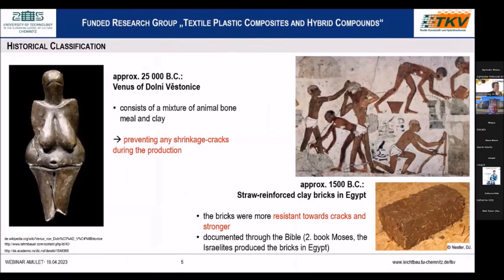And this is not a picture of me on the left-hand side. This is the Venus of Dolní Věstonice. She is 27,000 years old, and it's one of the oldest ceramic products and consists of a mixture of animal bone meal and clay. And on the right-hand side, you see the brick maker, one of the more manual occupations in ancient Egypt, to make bricks.